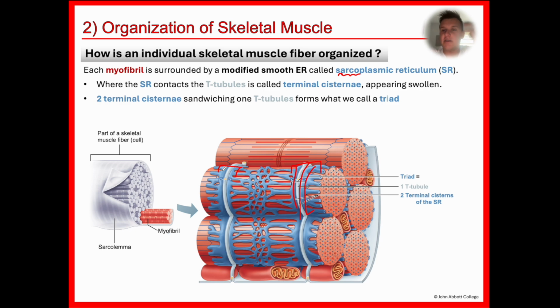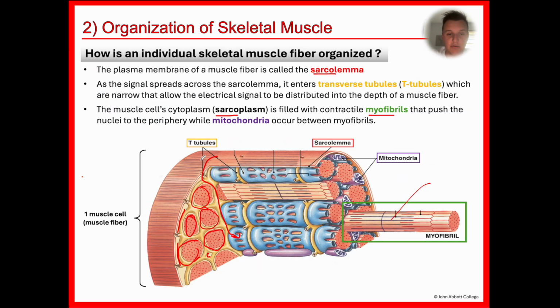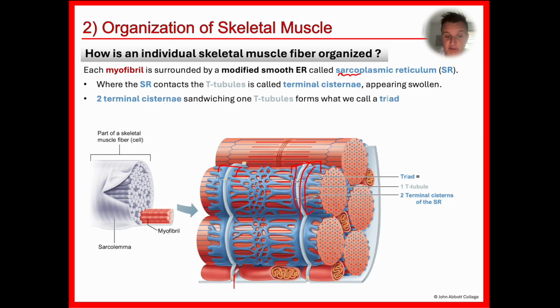I'm going to put this into context. Remember what the T tubules are for. When a neuron sends a signal to the muscle cell, I told you that that signal travels down deep into the muscle. So that signal might travel down over here, and it might tell the cisternae that are filled with calcium to release it.